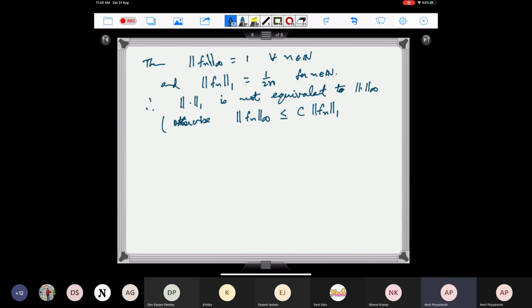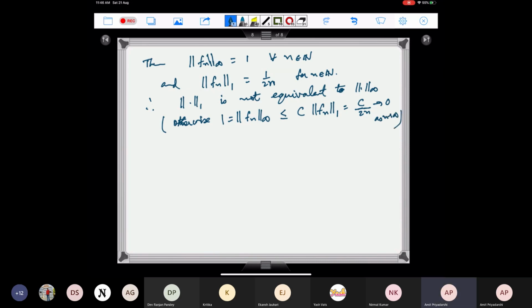If these are equivalent, then the infinity norm is less than or equal to some constant times the 1 norm. But the infinity norm is equal to 1 for each of these n, Fn, and the 1 norm is C by 2n. So this shows that 1 is less than or equal to C by 2n. This is a contradiction, right? So this goes to 0, then goes to infinity.